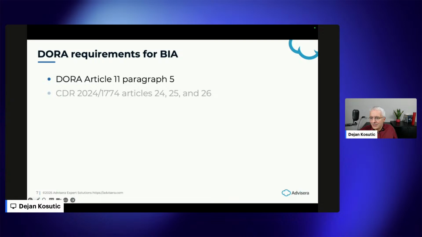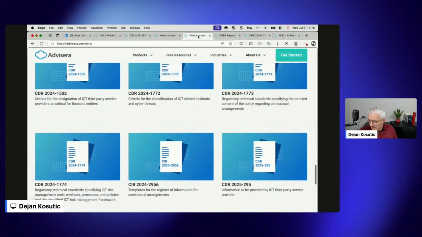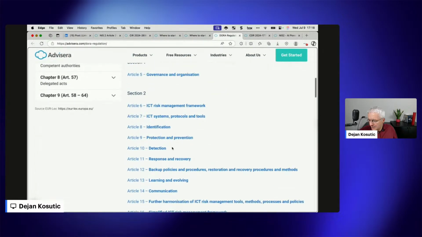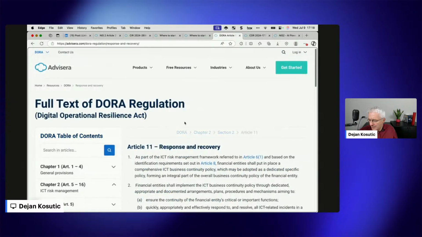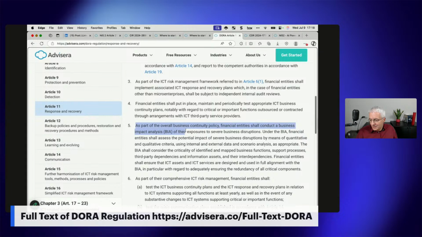In DORA, you have Article 11, Paragraph 5, which is quite a bit more detailed. It says, as part of the overall business continuity policy, financial entities shall conduct a business impact analysis of their exposures to severe business disruptions.